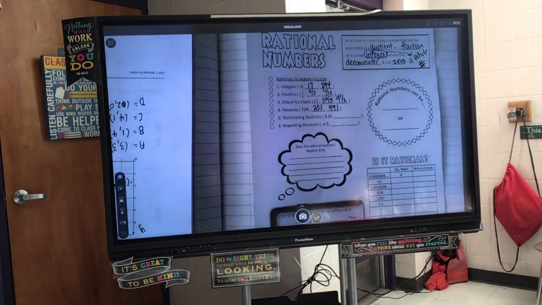Alright. Now, this one is a little bit different. Terminal decimals. Decimals that don't repeat over and over again. So it doesn't repeat? Okay. Why do you say it doesn't repeat?